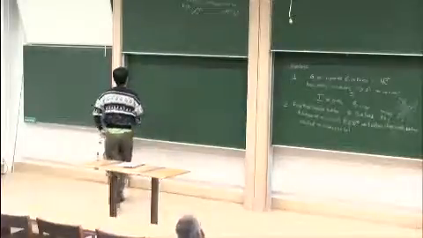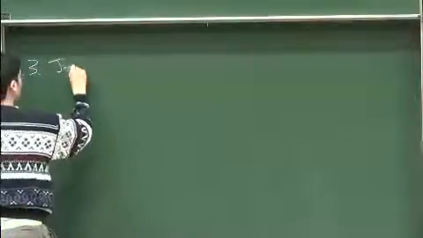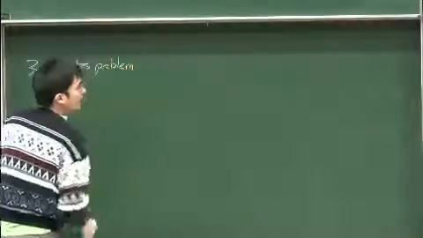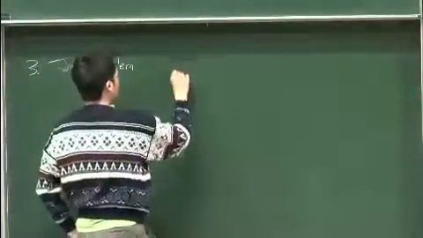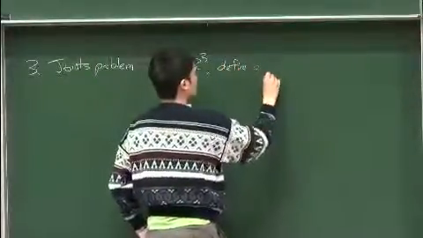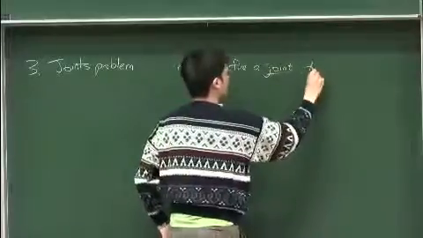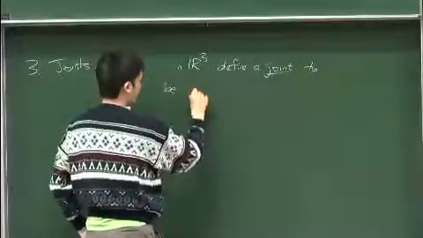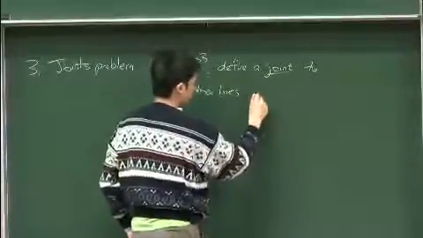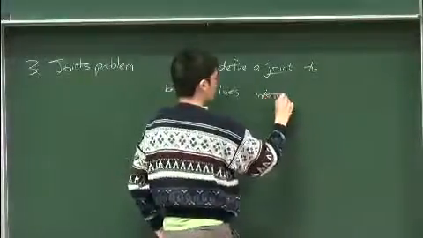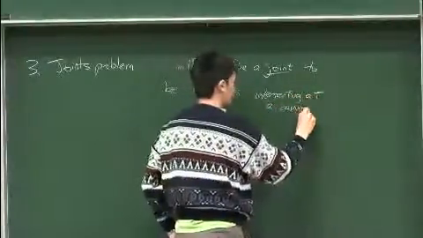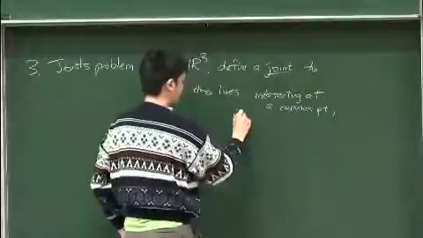That's the third problem is the joints problem, posed by Chazelle. So now we're in R^3. Okay, define a joint to be three lines intersecting at a common point that are not coplanar.